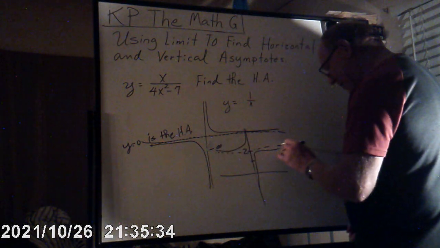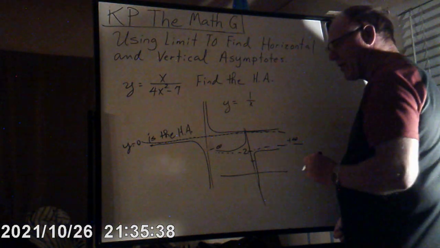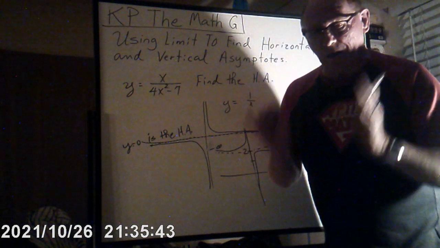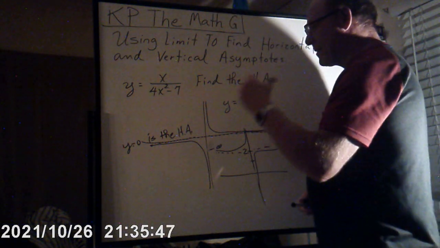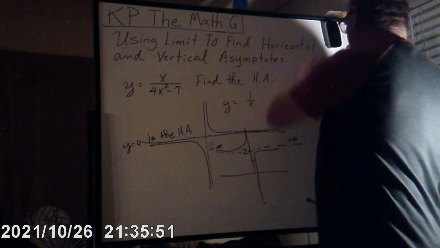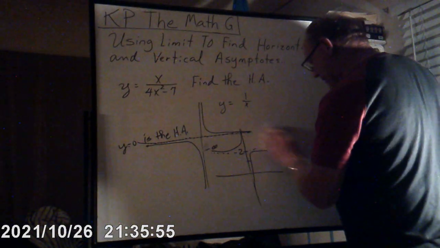This way to the right is always going toward positive infinity. So when we look at limits, especially horizontal limits, you will always see negative or positive infinity. Keep that in mind as we get into the lesson this evening.